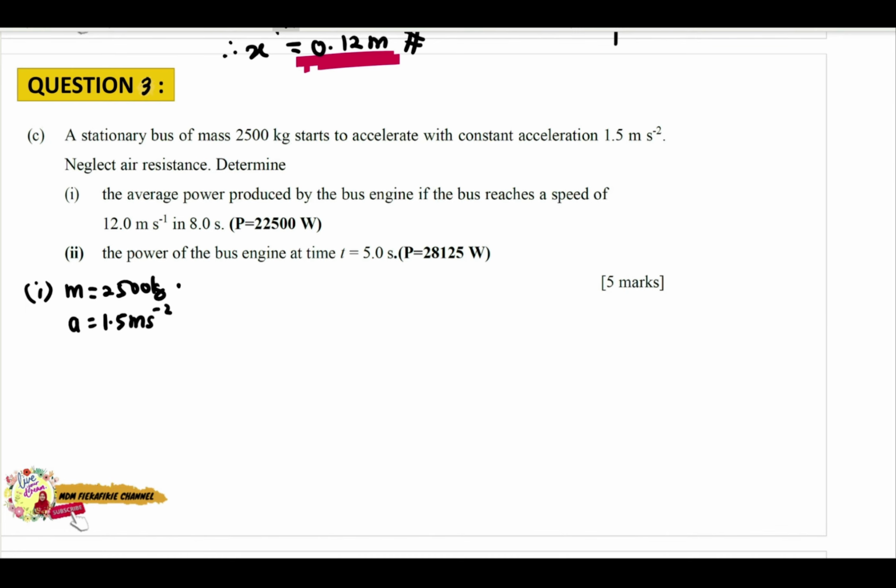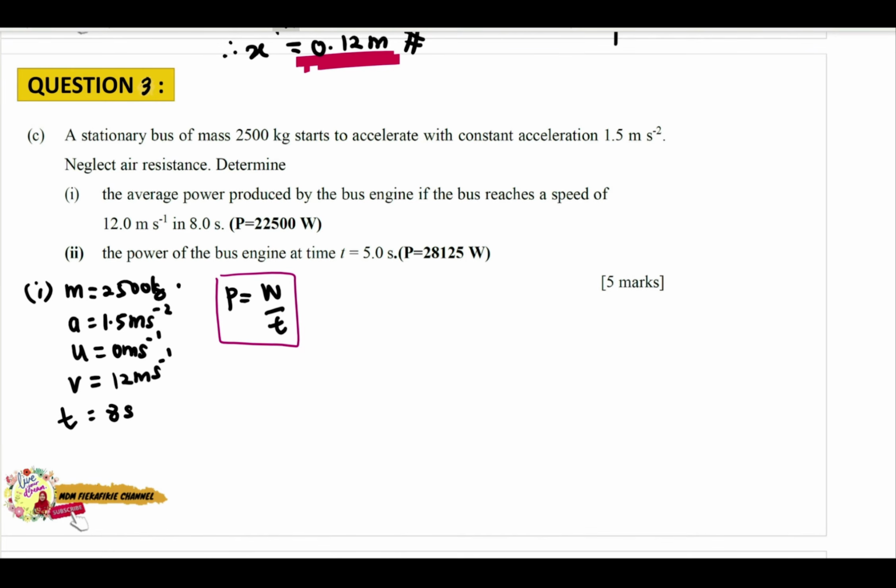So, dia bagi tadi dia punya start from rest, stationary bus. But V is increasing to 12 meter per second. And the time taken to increase the speed is 8 seconds. Okay, so the average power P is equal to W over T. So we just use this equation.